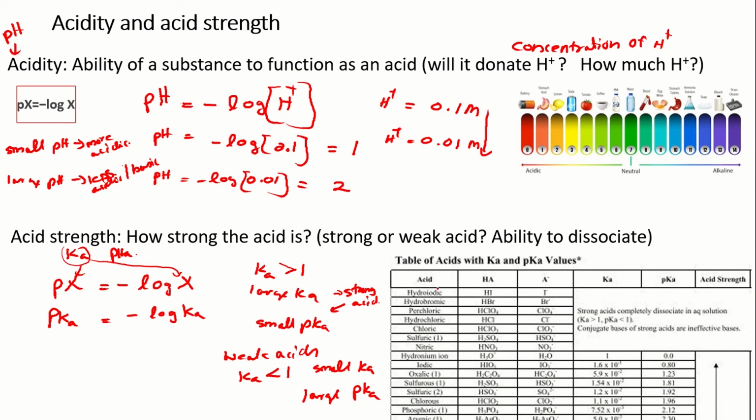Again, if we go into this chart, you can see the strong acids: HI, HBr, chloric acid, hydrochloric acid, perchloric acid, sulfuric acid. You can see the regular strong acids. You can't even see the Ka values. Why? They're so large, we sometimes don't even report them.